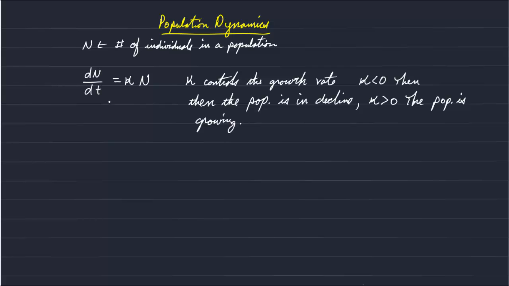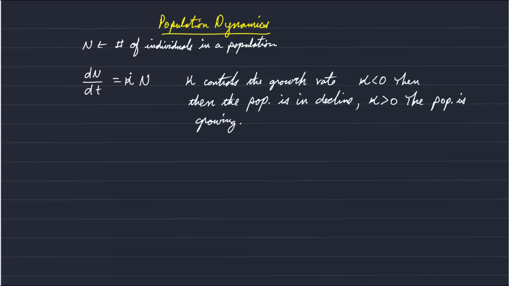homogeneous linear ODE, and we saw this equation when we looked at radioactive decay. But as you might recall, the solution was an exponential growth rate. It was proportional to e to the kappa t.